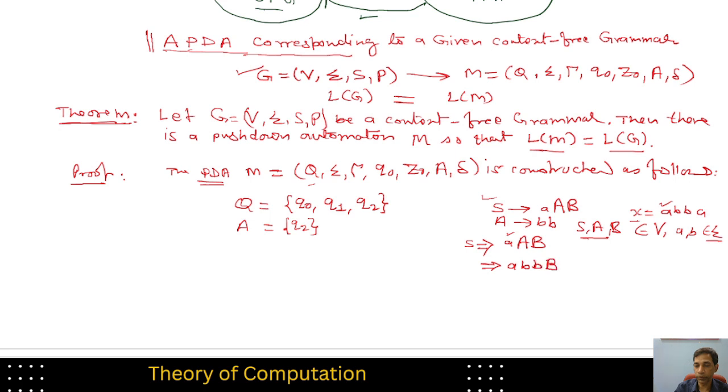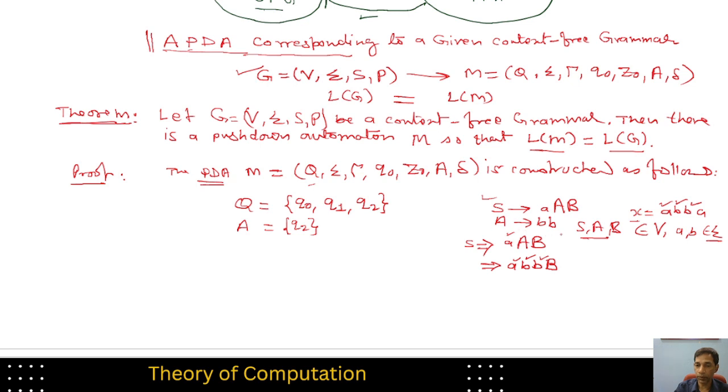And now you have the non-terminal B. Now you can see that you have already matched a, and now you have bb, and here also you have bb. So abb you have matched correctly, and now you have the non-terminal B, and we want the next symbol to be a. So you have to see the production. What is the production rule for the non-terminal B?